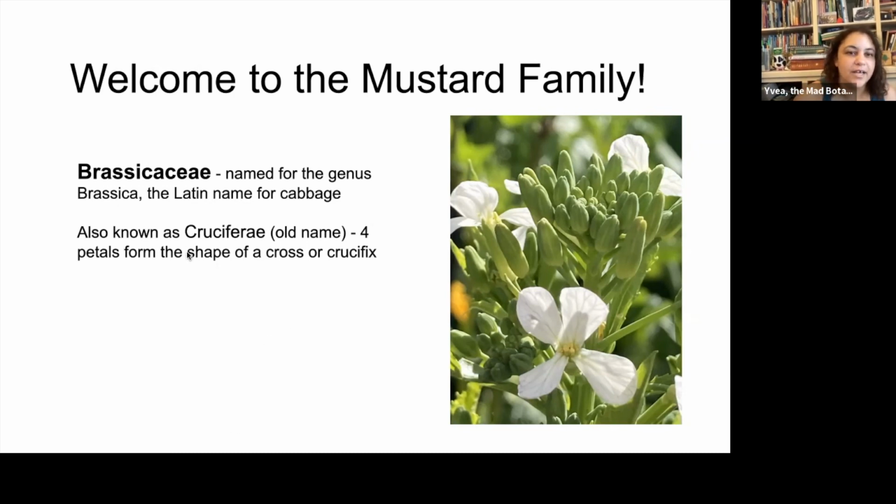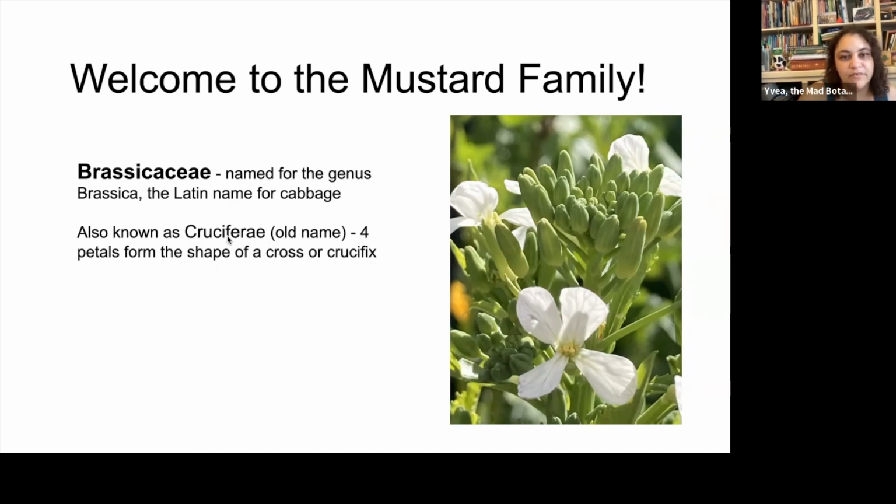The reason why I include the old name here is that with some of the newer names, they're not always that intuitive. I can't think of any words that have in common with Brassicaceae that would make you immediately assume mustard if you were hearing it for the first time. But the old name was cruciferae. And you might still hear people saying things like cruciferous vegetables.